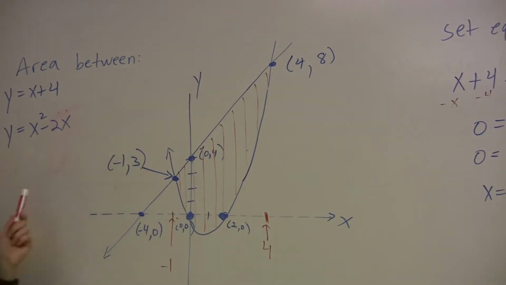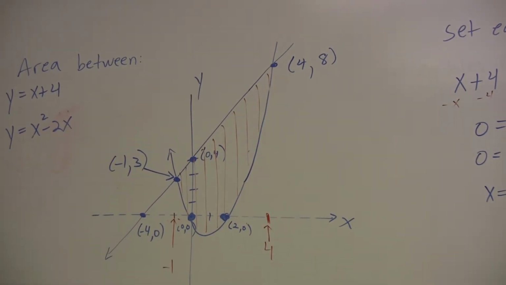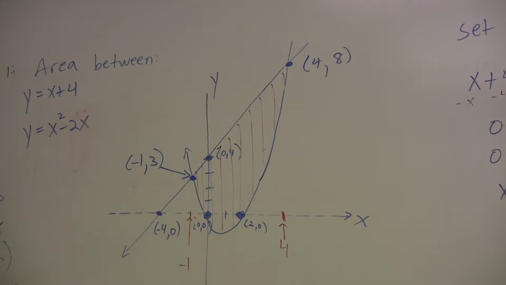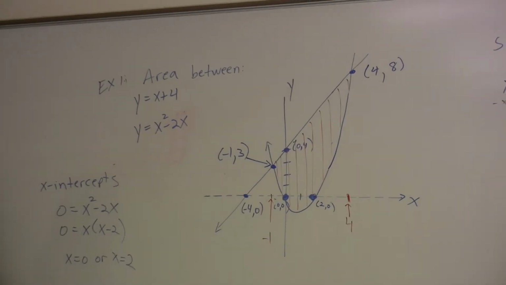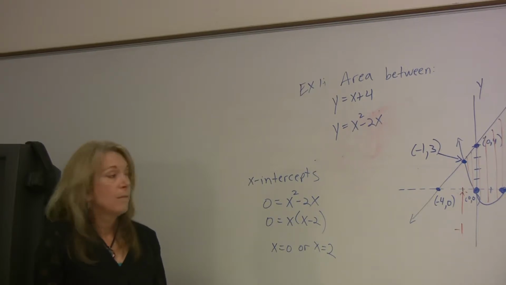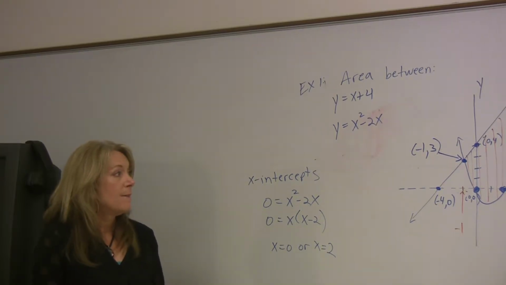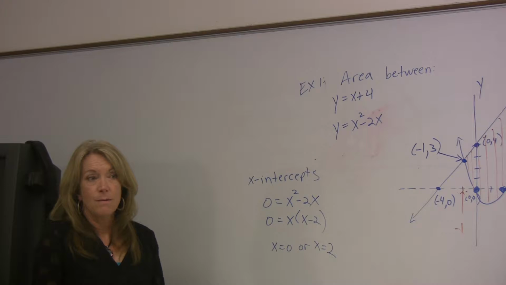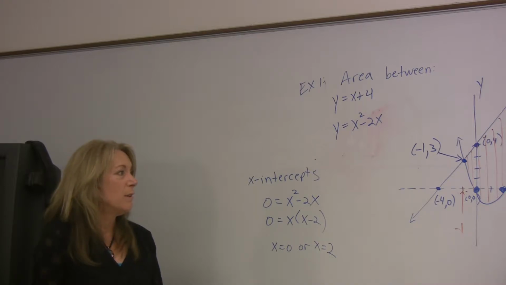Just plug it into the functions to figure out the y values. I don't need the whole point, but that's what those are giving us. Those are actual points where they intersect. All of this was really an algebra review to draw the picture.